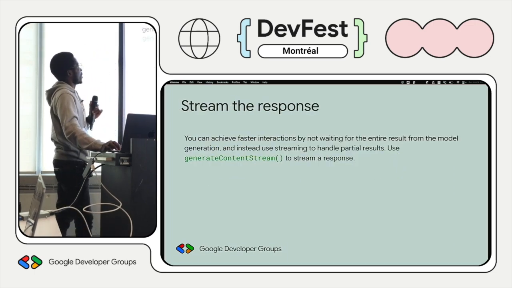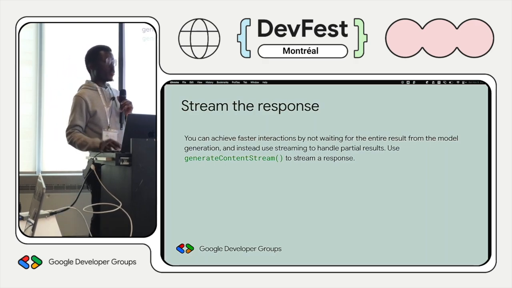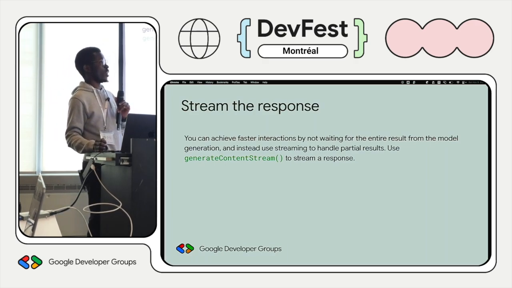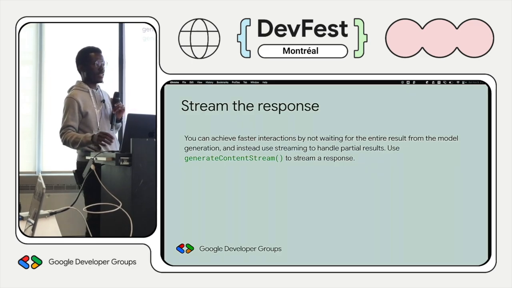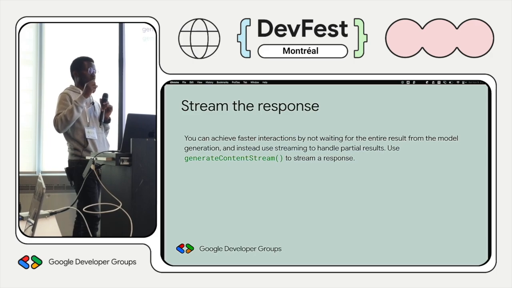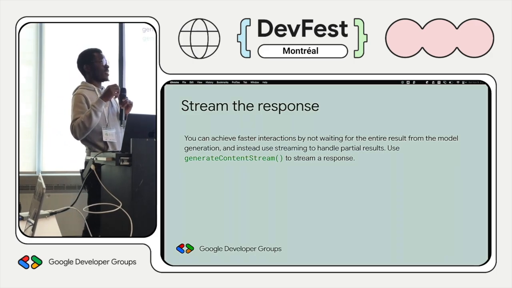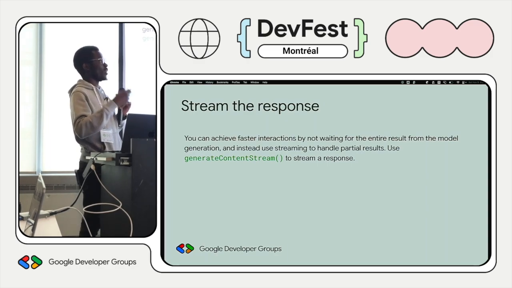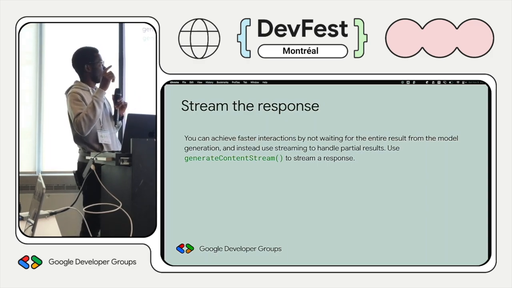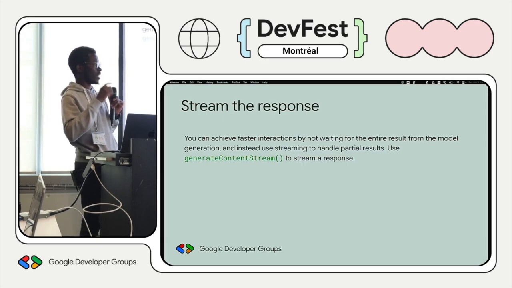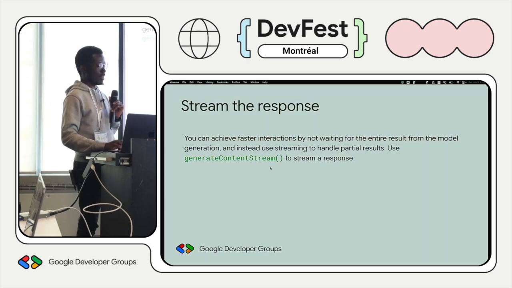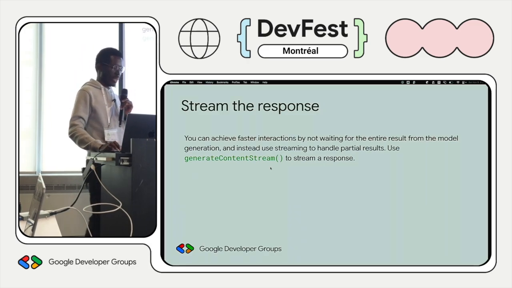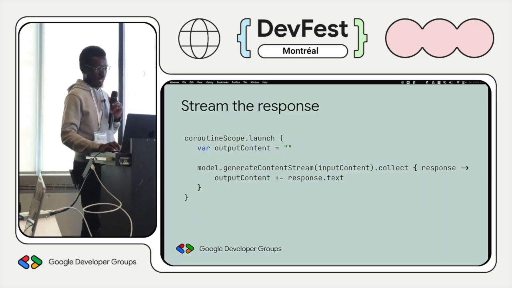One other cool feature is the fact that you can stream the response. Right now, if you are using any kind of chat-based model, you are not getting the response in one block. The response is streamed. As soon as the model generates a response, you will be able to display it chunk by chunk until the end. You can achieve this by using the generate content stream method, and this one is kind of useful.